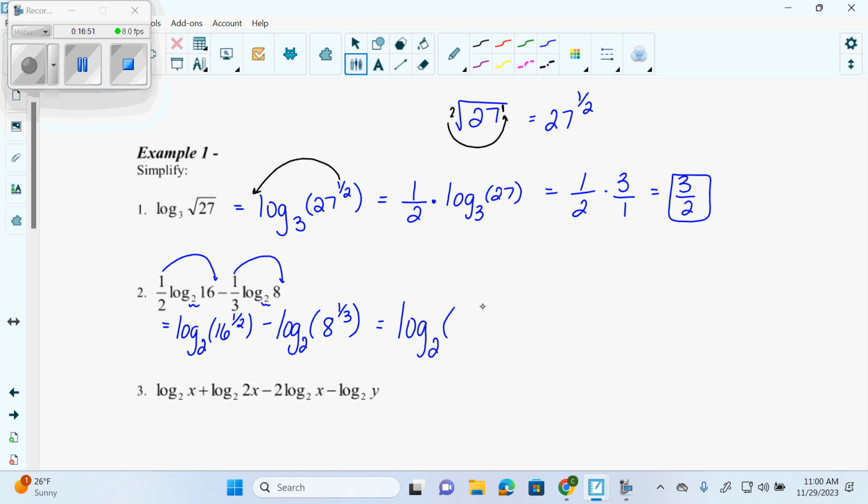What's 16 to the half, without typing it in? 4. Because anything to the half is just the square root of something, correct? So it's the square root of 16, which is 4. Minus log base 2 of 8 to the 3rd, which is just 2, because it's the cube root of something.